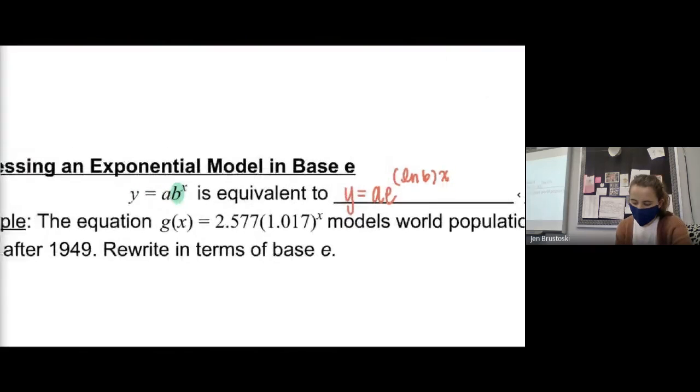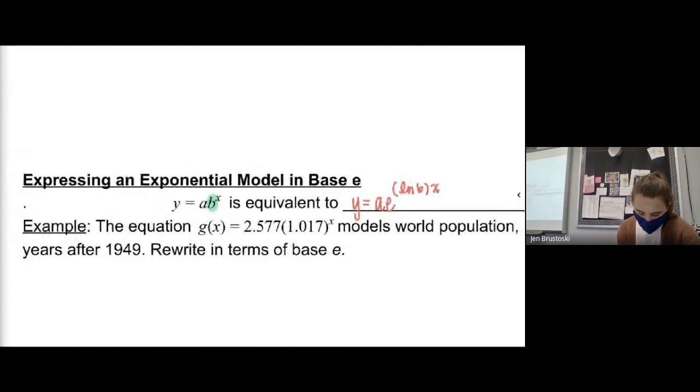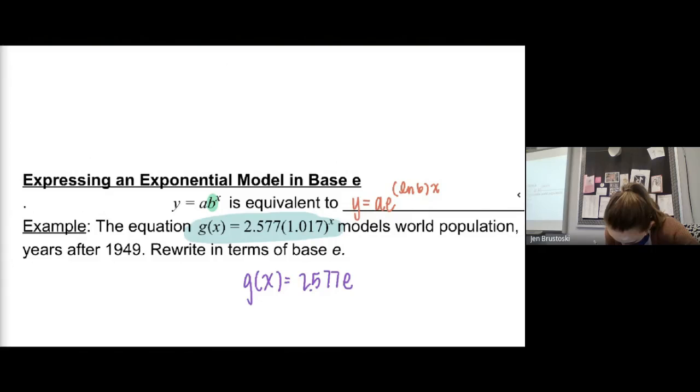But when we write it in this way, I'm going to pause my thought and take this equation and rewrite it. I can write this as g of x is equal to 2.577 e to the ln of 1.017 x.